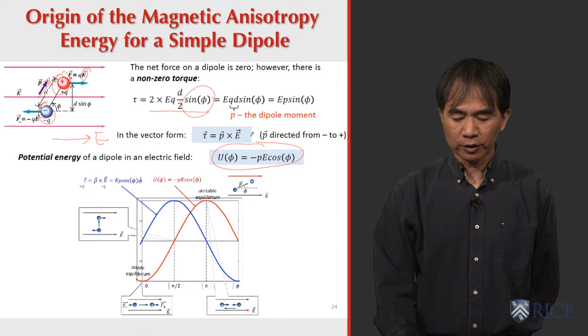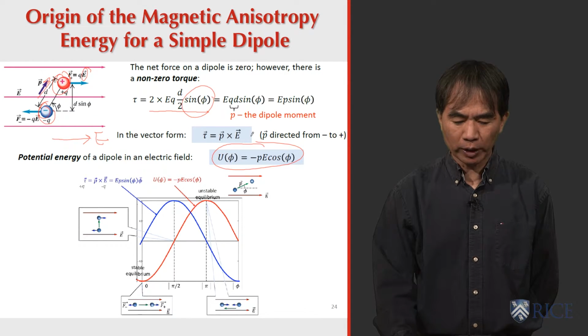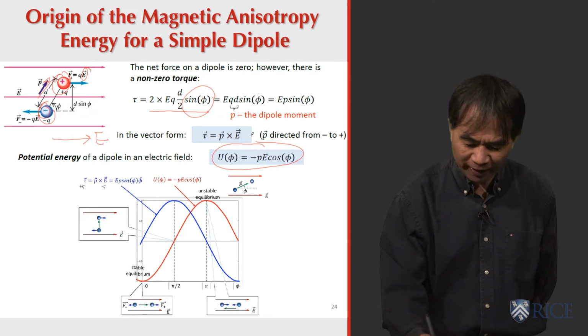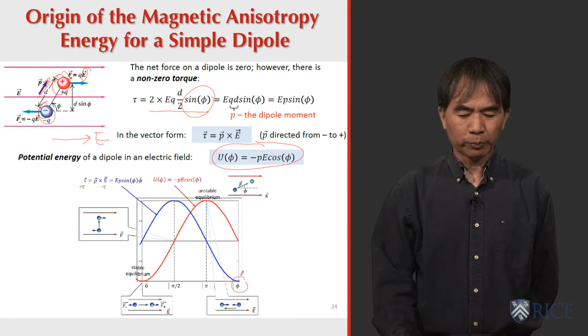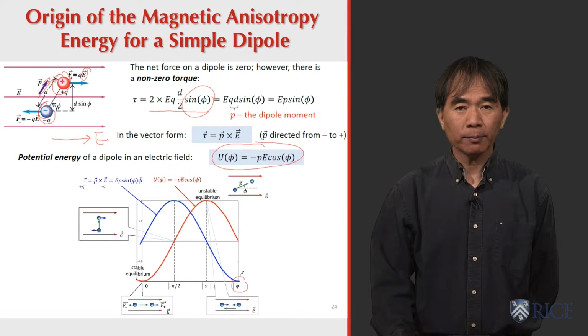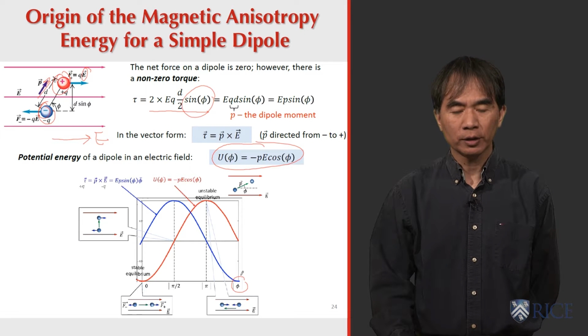Based on this external electric field and dipole relationship, you can calculate the potential energy as a function of theta, or as a function of the phi angle between the dipole and the external electric field. And a simple magnetic anisotropy in the case of a magnet works in an identical way. We will derive this in a bit more detail in our light bulb session.